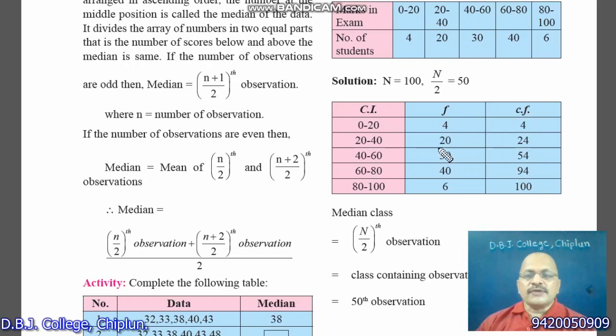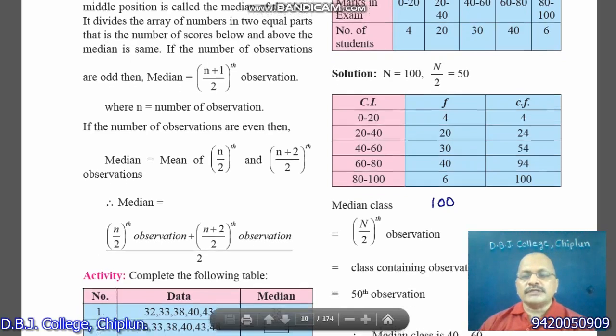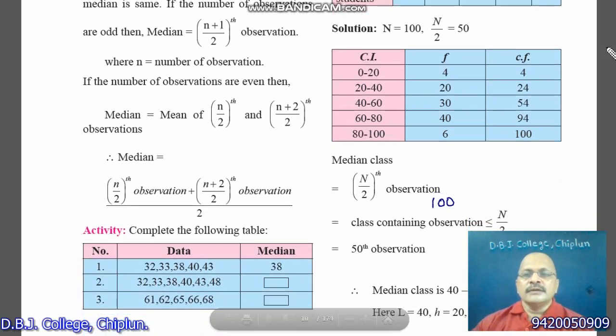Now the total frequency n, its addition is 100, and it is the last number in the CF. So n is equal to 100, the total frequency. So n by 2 is 50. The next step is to find the median class. Median class means the class in which the n by 2th observation lies.